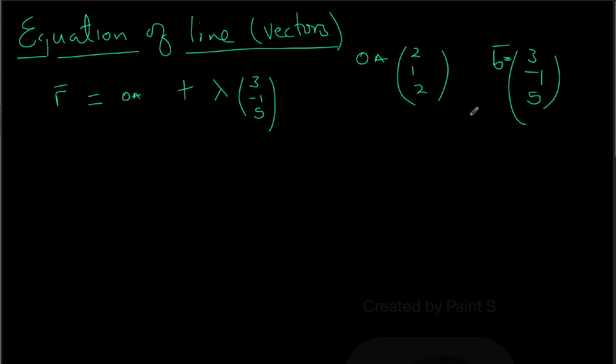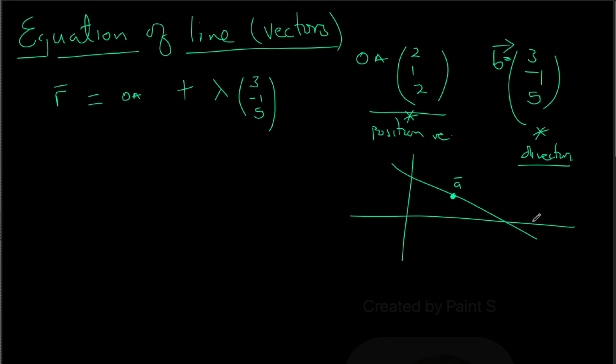In this case, suppose that we have OA, which is a position vector, and B, which is a directional vector. Suppose this is the line, and this is the point A, with OA from a certain fixed point.